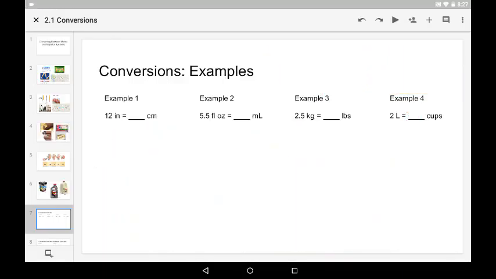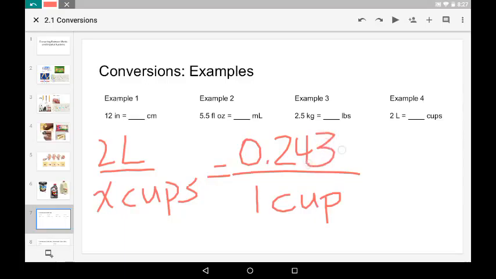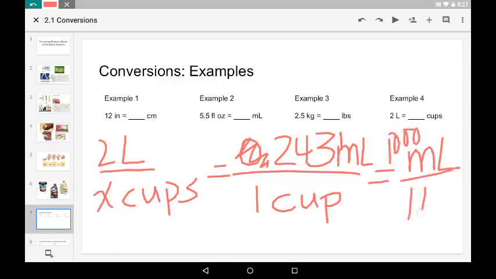You would set up 2 liters over x cups equals 1 cup over 237 milliliters, and then you could cross multiply and have milliliters, 1,000 of those in 1 liter.